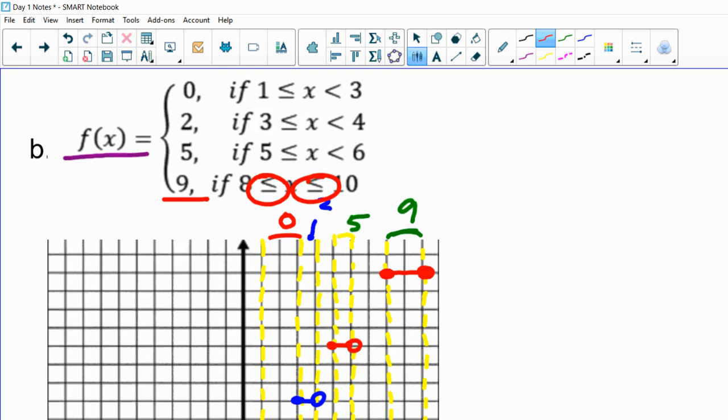So there's your graph. Now that is just little bitty horizontal pieces, right? This is an example of something called a step function. Now we could get into a whole lot of stuff. There are all kinds of application problems in the real world about step functions.